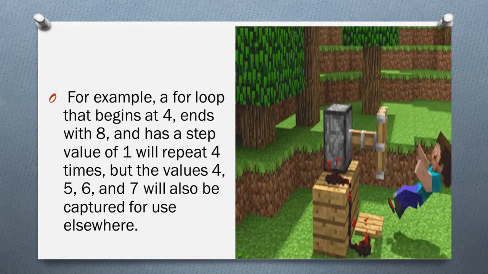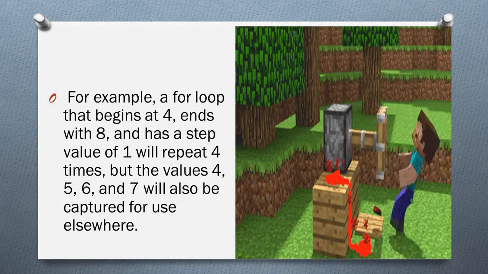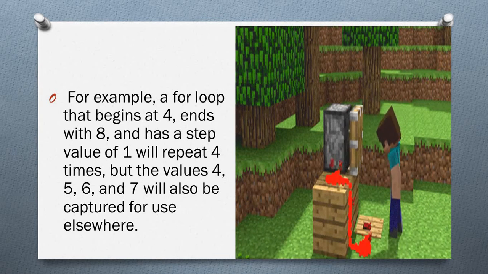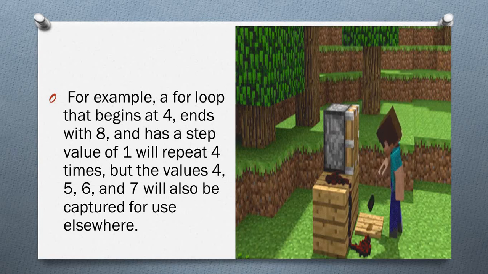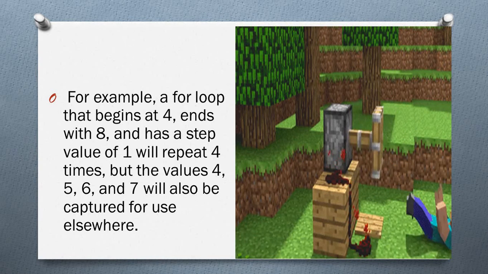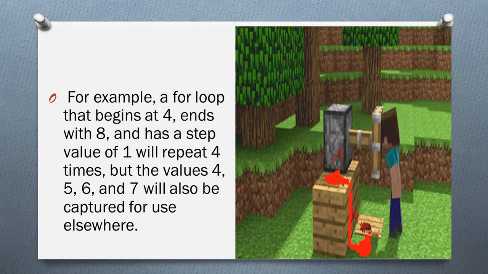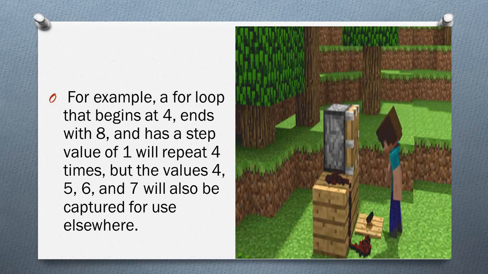For example, a for loop that begins at 4 and ends with 8 and has a step value of 1 will repeat 4 times, but the values 4, 5, 6, and 7 will also be captured for use anywhere else.